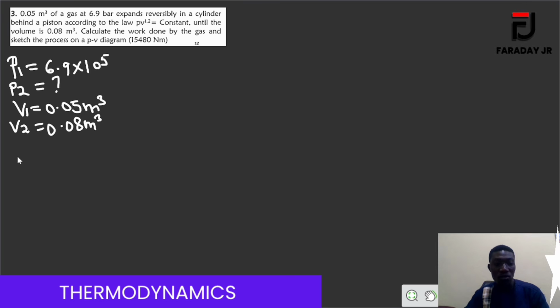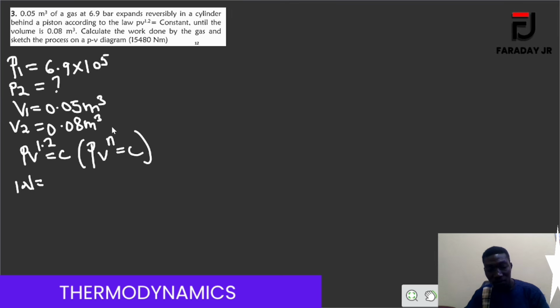So how do you go about it? With this, we can use the formula, because you are given the law PV^1.2 equal to C. This formula is applicable when you have PV^n equal to C, whenever n is greater than 1 or less than 1.